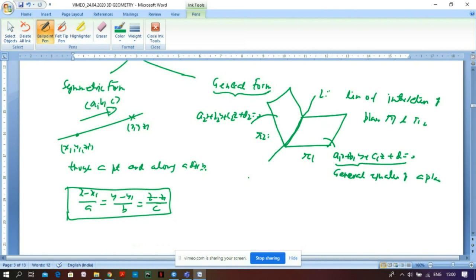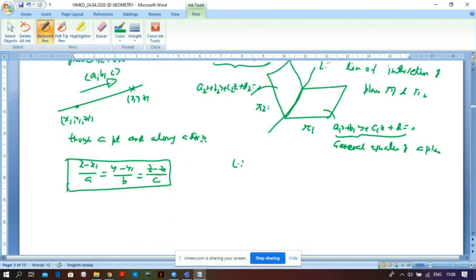And so the equation of the line will be written as the set of points which satisfy both the loci. It means that the point is on both planes separately.